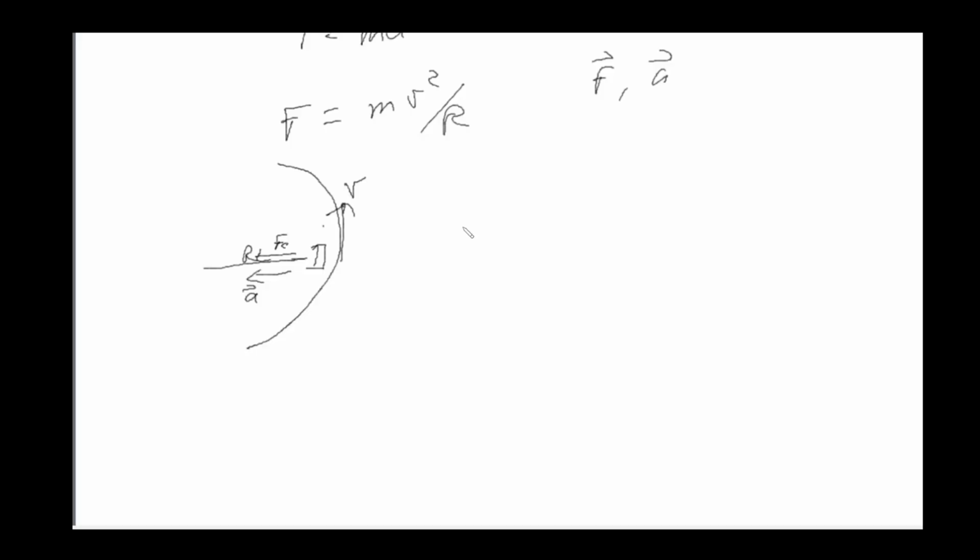And if we look at the free body diagram of the car, we have the car's weight, mg, we have the normal force, and we have a centripetal force. In this case, that's due to friction. So the centripetal force is due to friction, and that's equal to μs times mg.